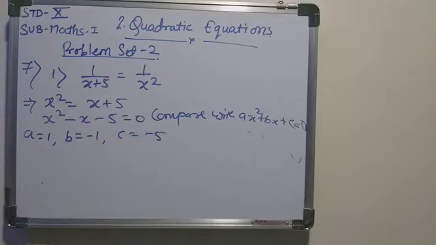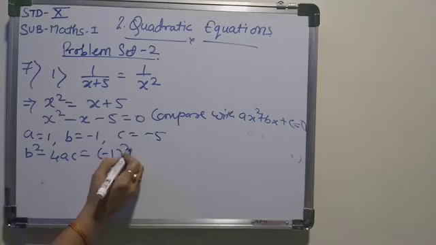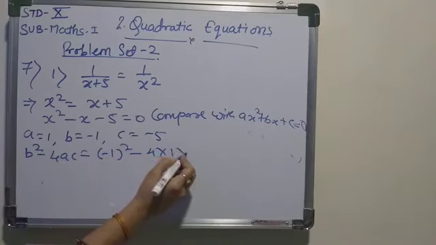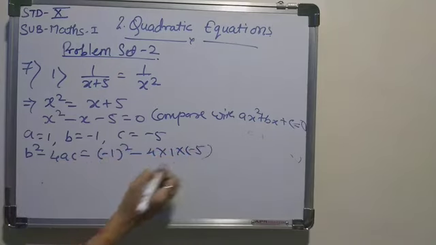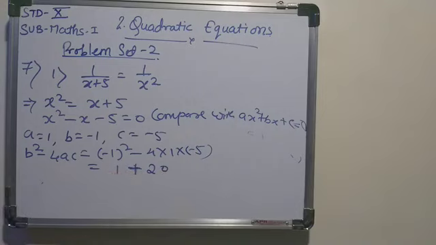Now we are going to find the value of the discriminant, means b square minus 4ac. So we'll substitute the values: minus 1 square minus 4 into 1 into minus 5. So you will get 1 minus minus plus 5 4s are 20, 20 plus 1 is 21. So b square minus 4ac is equal to 21.